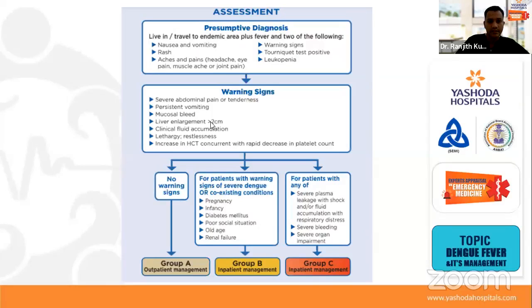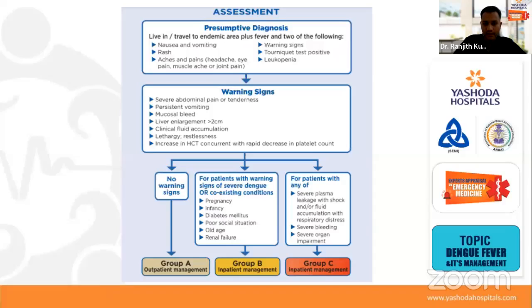In a nutshell, for assessment when you're suspecting dengue, like people traveling or anybody presenting during the epidemic phase with nausea, vomiting, abdominal pain, rash, warning signs, leukopenia, or a positive tourniquet test: those without warning signs are usually grouped in A. Those with coexisting conditions like pregnancy, infancy, diabetes, renal failure, or elderly people are kept in group B, along with those with warning signs.